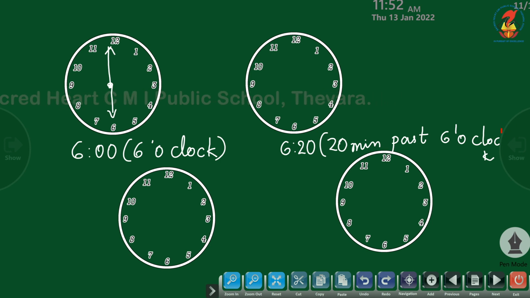So how can we draw the hands? 6 is the hour, so the short hand we draw on 6. Then 20 minutes past means 5, 10, 15, then 20. So the longer hand is on 4.